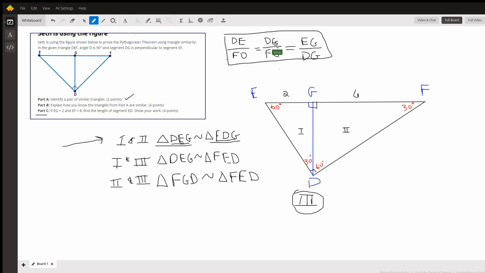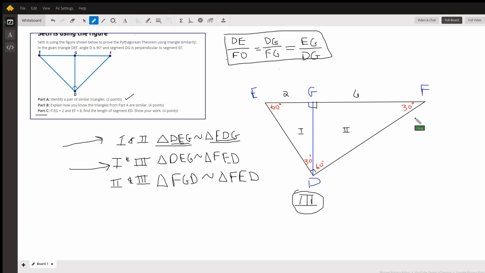Now you can set up the same set of proportions for these similar triangles. DEG is the one on the left, triangle number 1, to the big triangle. Again, for DEG, we went from 30 to 60 to 90.